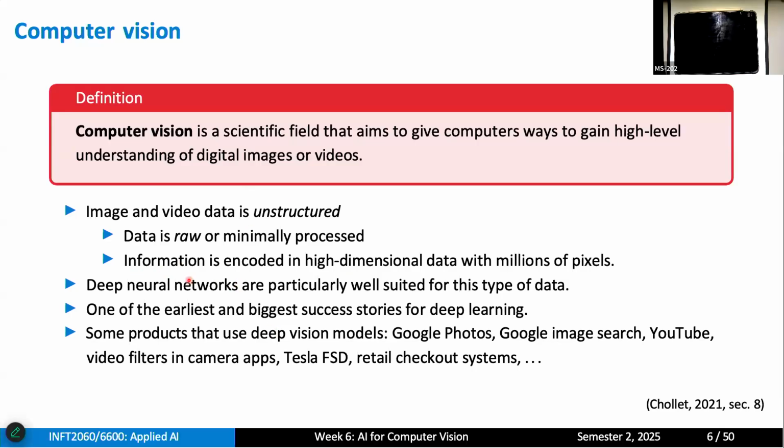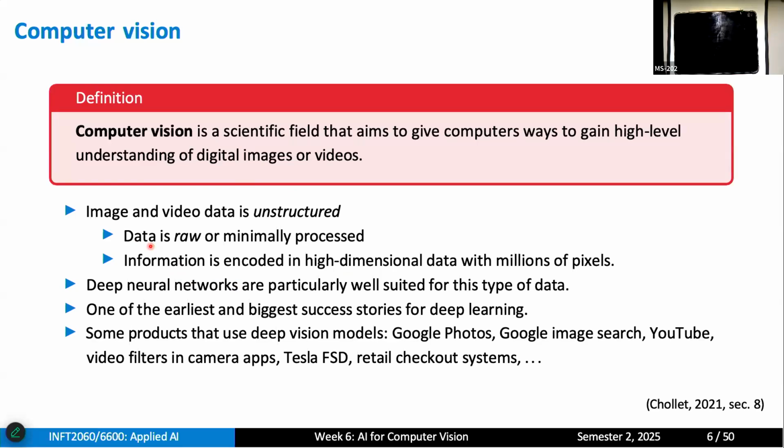When we talk about the data, this data is raw and minimally processed. When we talk about image and video data, we are often dealing with raw and minimally processed data, because this data comes directly from the camera sensors, capturing the world in its actual natural form.